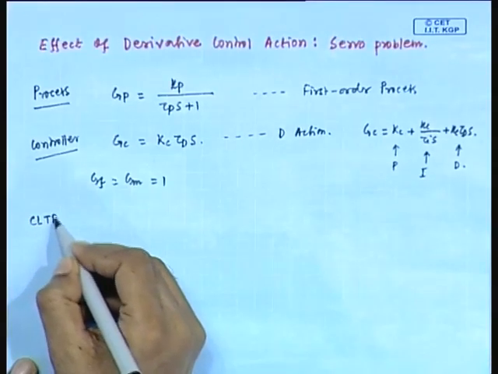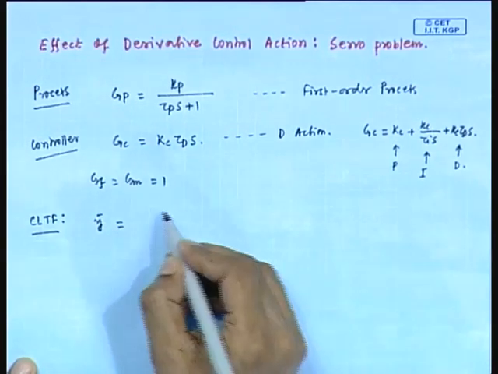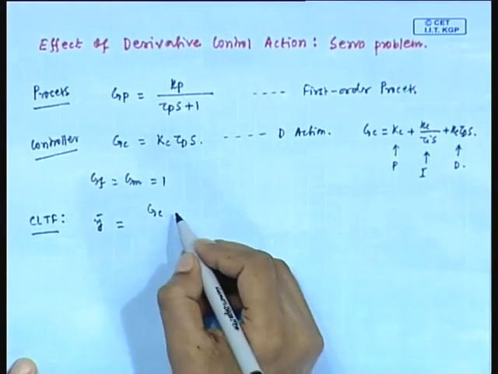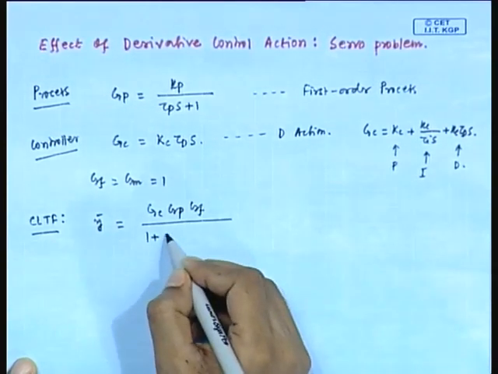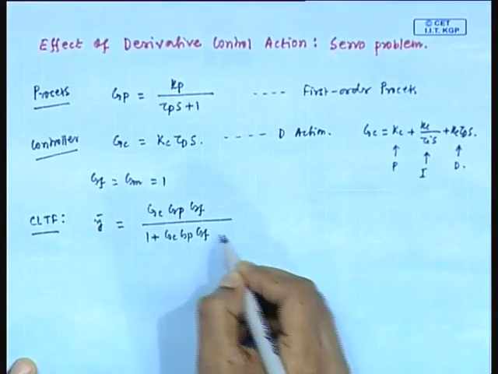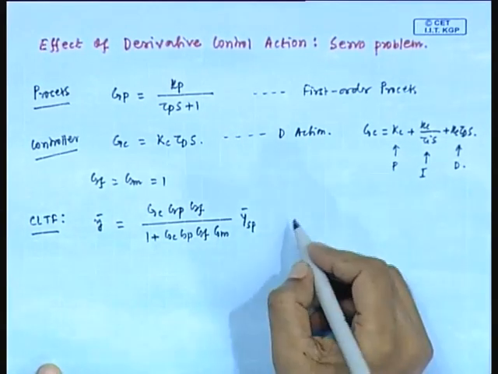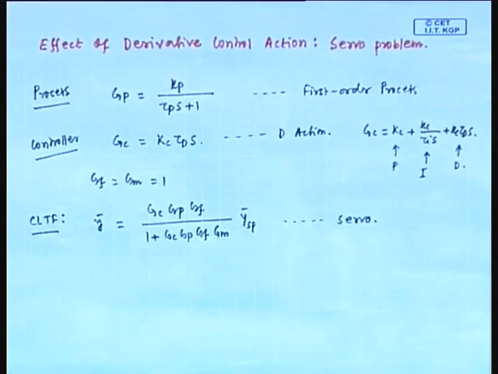Now we will try to develop the closed loop transfer function substituting all these individual expressions, which is expressed in generalized form as y bar equals Gc Gp Gf divided by 1 plus Gc Gp Gf Gm, times y set point bar. This is the generalized form of closed loop transfer function for the servo case.